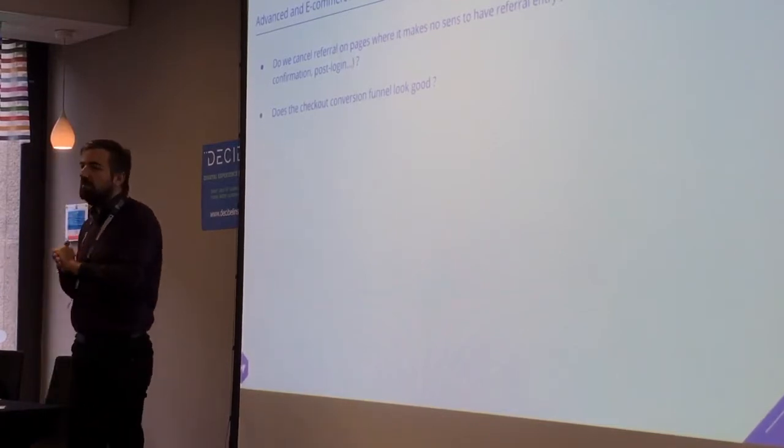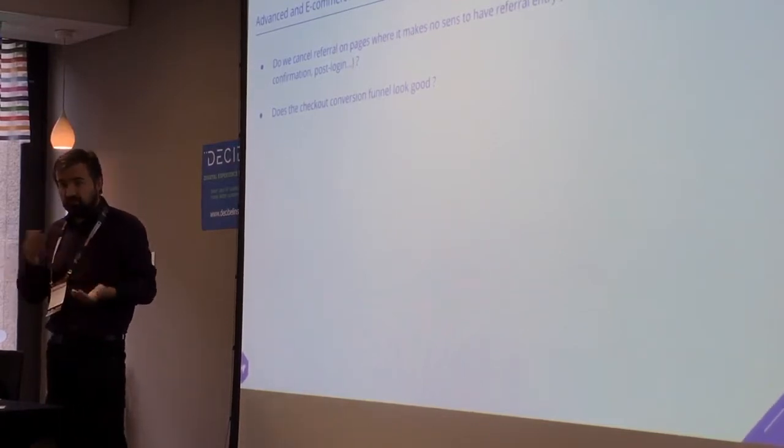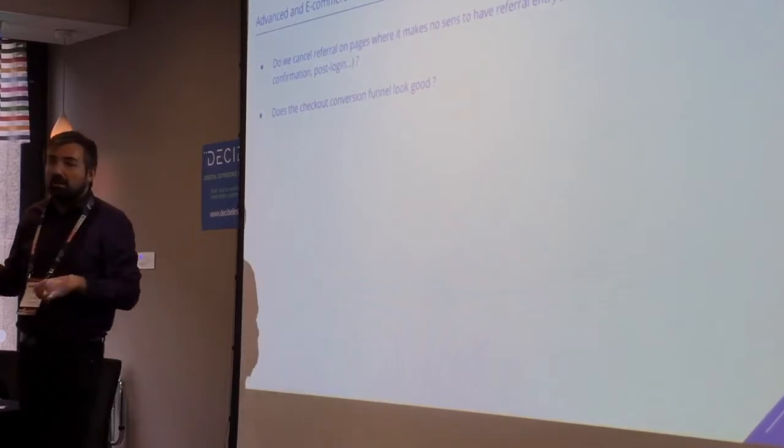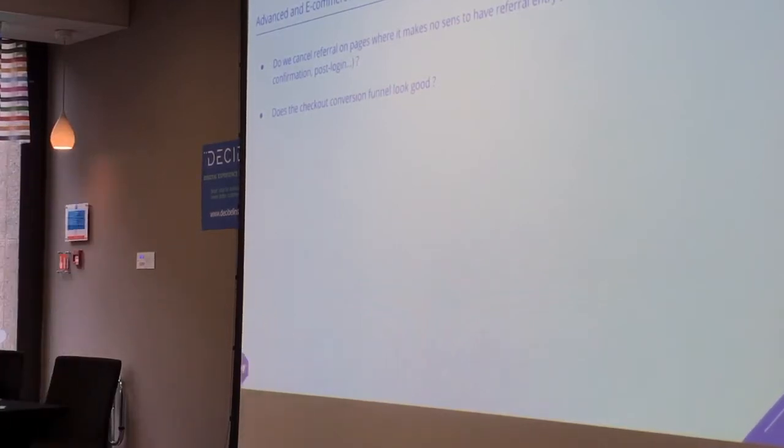Sometimes when you end up on the thank you page after an order confirmation, you may have some referral, like PayPal or your bank or something. And you don't want that in your report, because you don't want all your sales to be attributed to your bank system. You will tell me, okay, you can just exclude that as a referral in the analytics property, and you're okay.